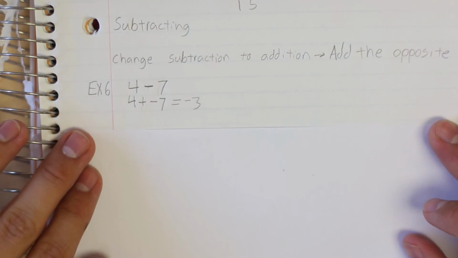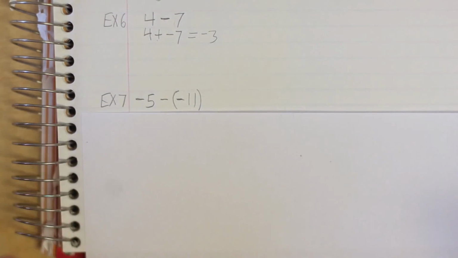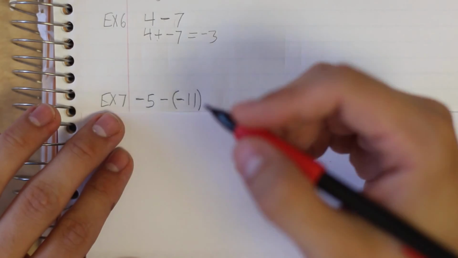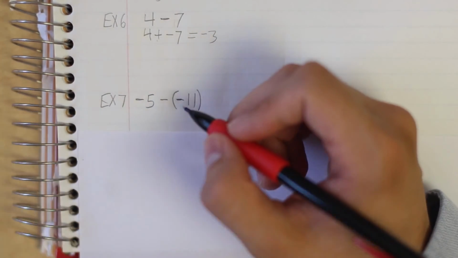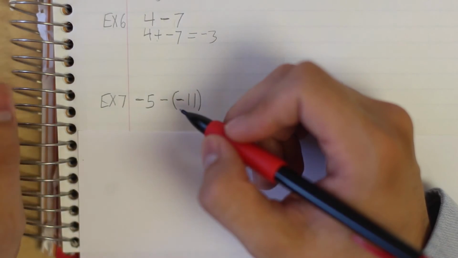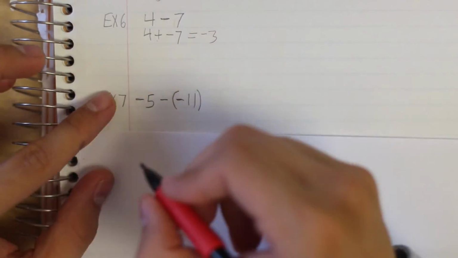Let's look at some more examples just to see if we get the hang of it. Here we have -5 minus 11. So we're told to add the opposite. So the first number you do not change. Never change the first number. Understand? Good.